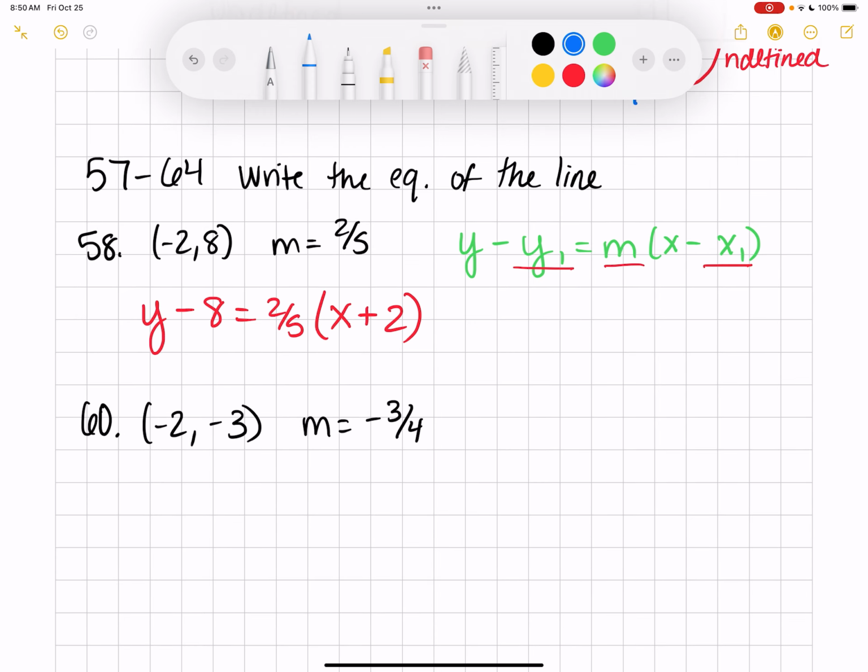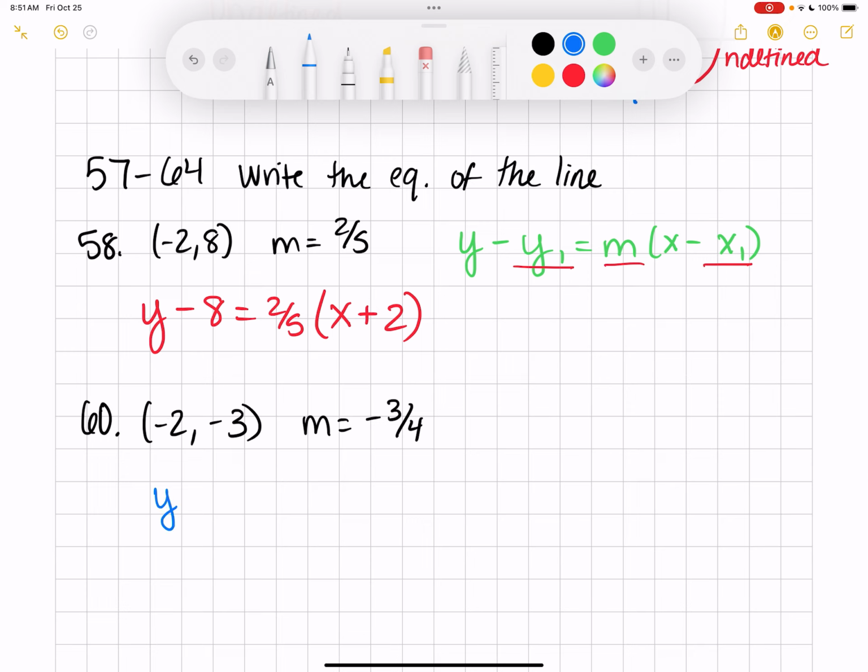So what would my equation of my line be here? y plus 3, because minus the negative is plus, equals -3/4 times parentheses x plus 2. Minus negative, so plus 2. And like I said, totally fine to leave it like that. Some books actually do leave it like this. Some keep going. But it doesn't say what form it has to be in, so you can leave it like that.